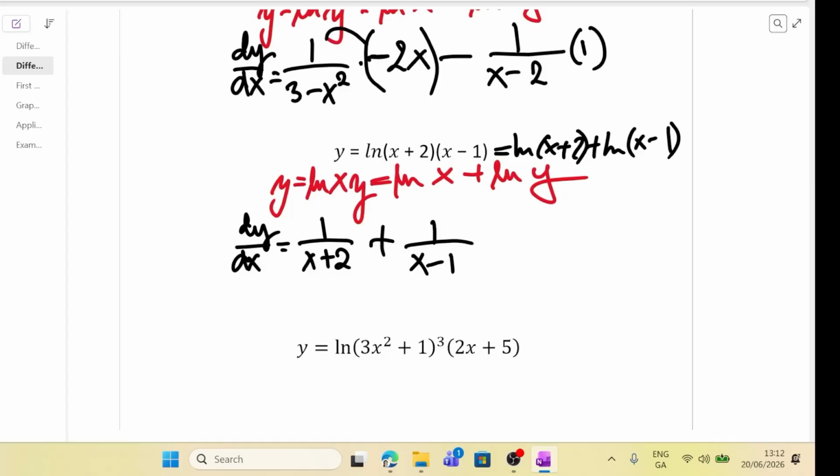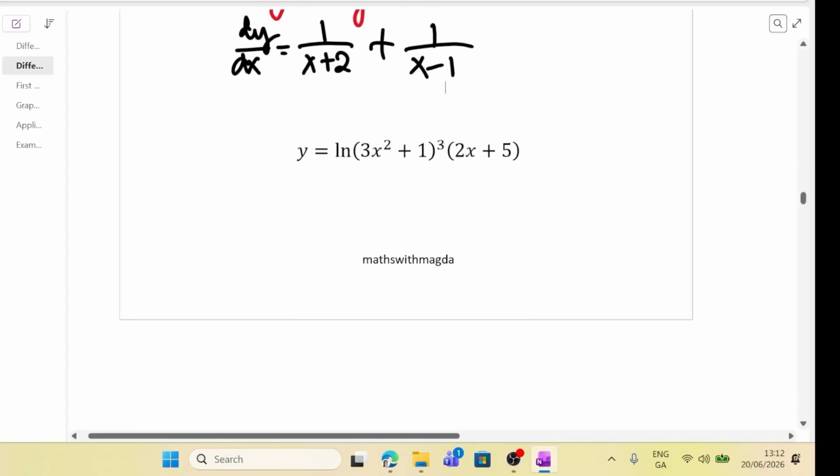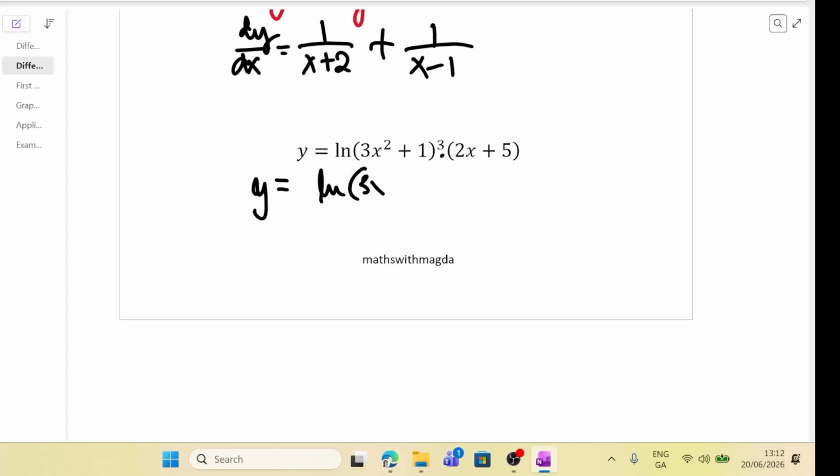Next one, again, I'm going to use the superpower and use the rules of logs. First of all, I get rid of the multiplication, so I can write that in the form of y equals 2 natural log of 3x squared plus 1 to the power of 3, plus ln of 2x plus 5. Then I can differentiate it now, or I can move the power 3 to the front.